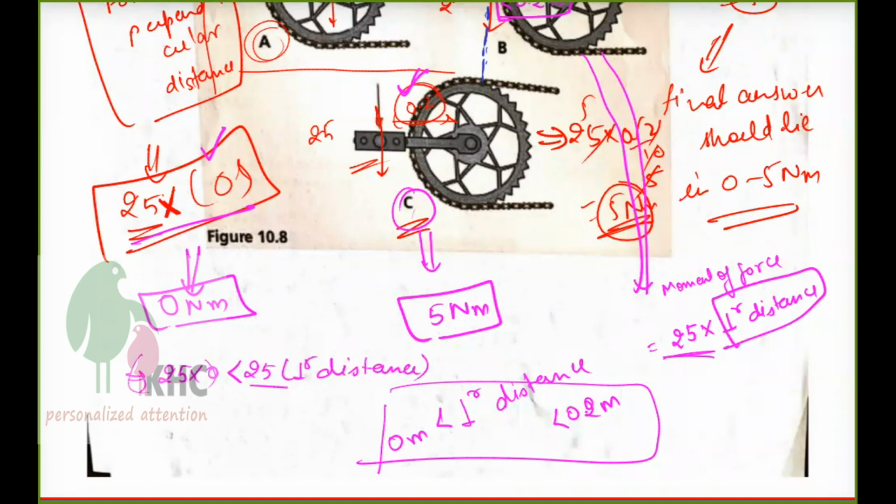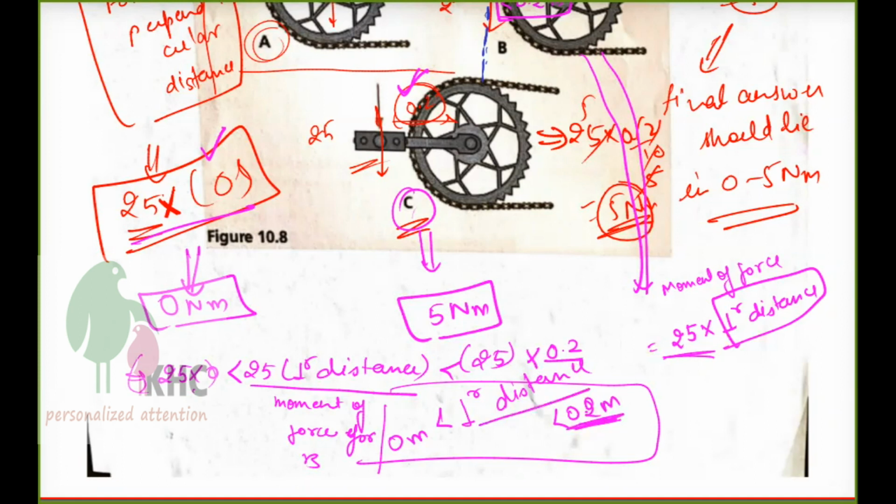This is your moment of force for B. Moment of force for B is less than 25 multiplied by 0.2, because that was the maximum distance, and this was the limit of your perpendicular distance. Is this thing clear?